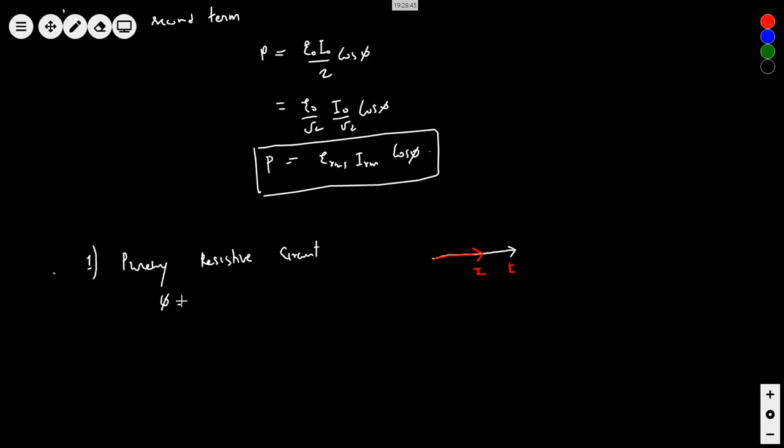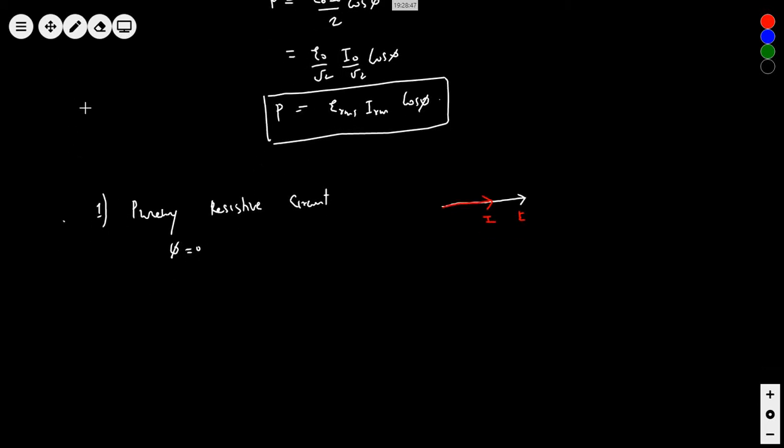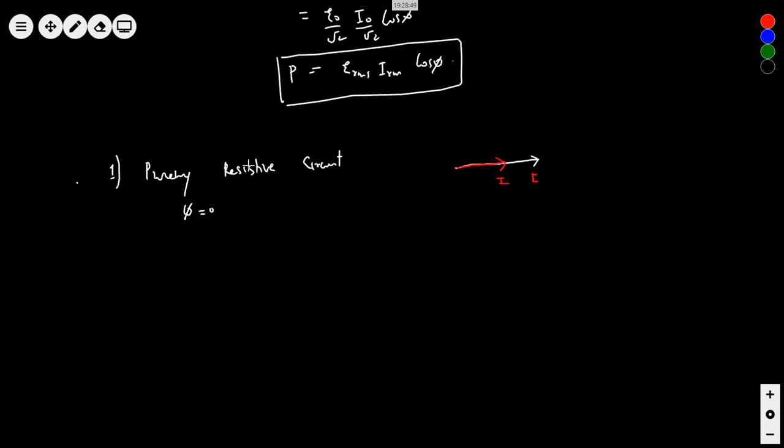That means phi equals 0, so cos phi equals 1. So power would be equal to E naught by root 2 times I naught by root 2. I'm just writing the RMS like this. This is the power. Got it?